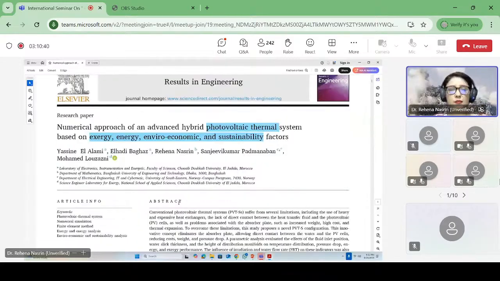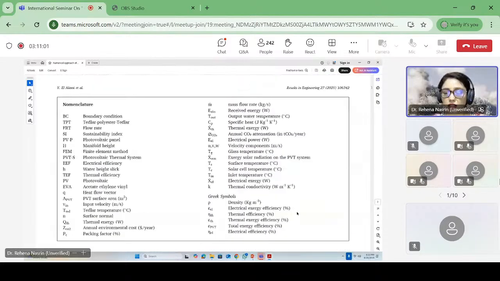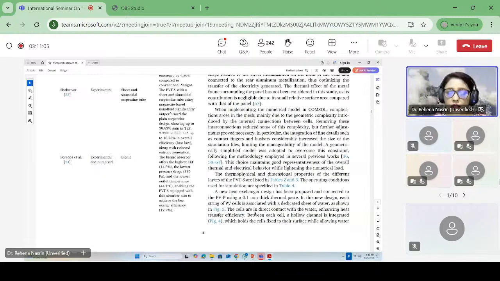It is published in Results in Engineering, 2025, and here we consider 4E, that is exergy, energy, environment, and economic. 4E analysis and sustainability factors also. So for the photovoltaic thermal system, you can consider all these here.